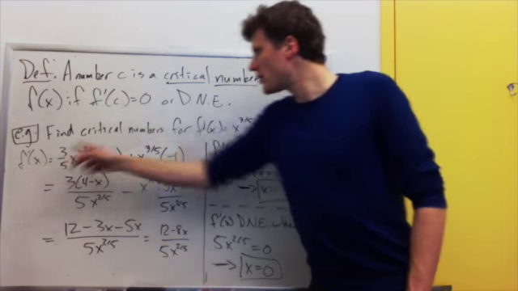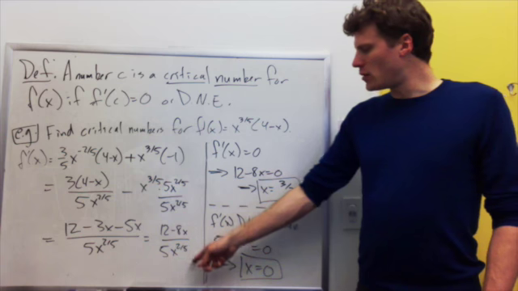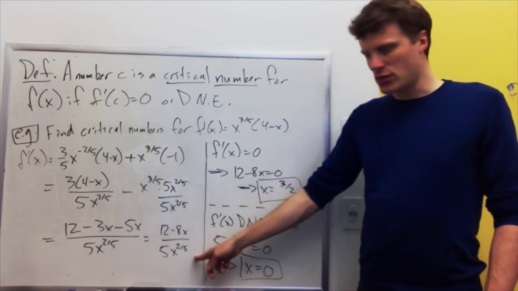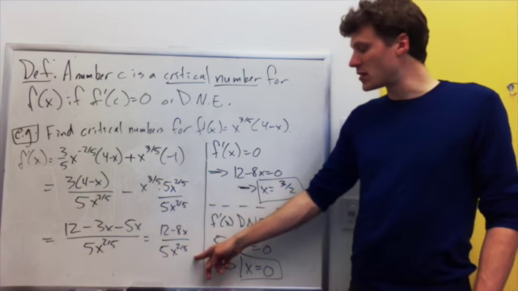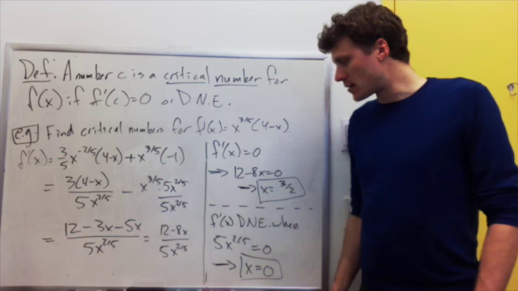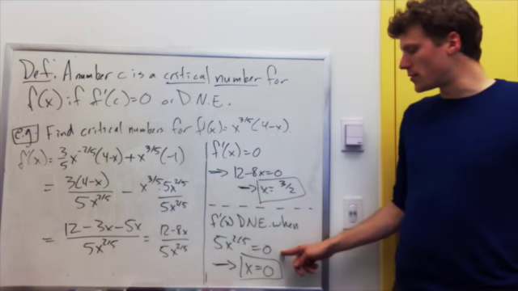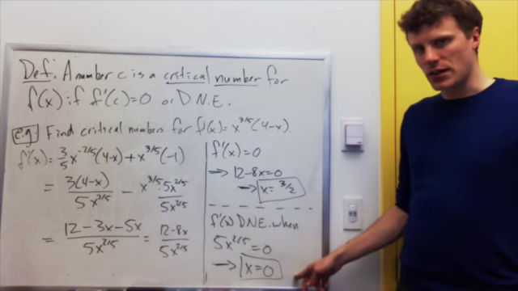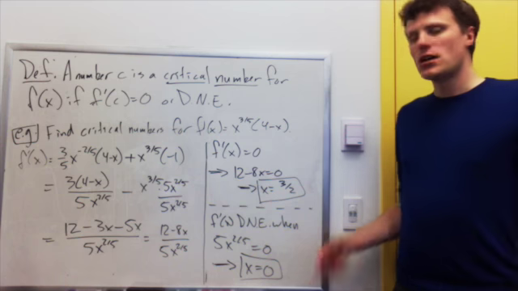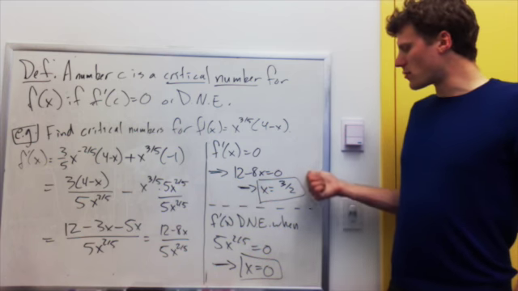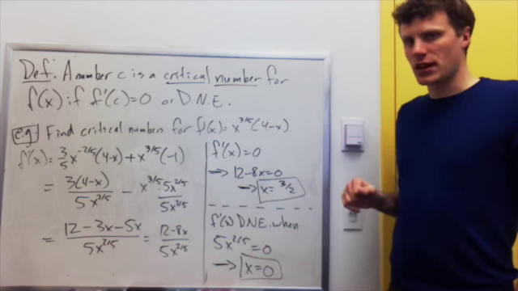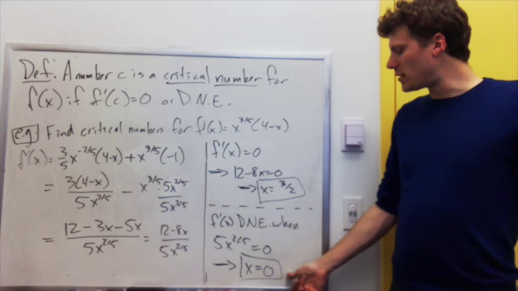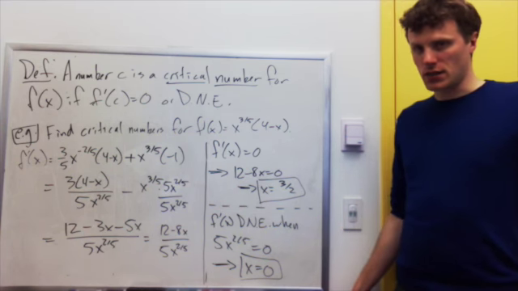Or, when does the derivative not exist? Well, the only place this function is not continuous and doesn't exist is when the denominator is 0, when 5x to the 2/5 is equal to 0. You can solve that easily to get x is equal to 0. So our critical numbers here are 3/2, where we have a horizontal tangent and the derivative is 0, and 0, where the derivative does not exist.